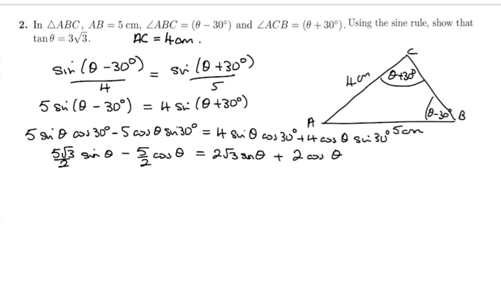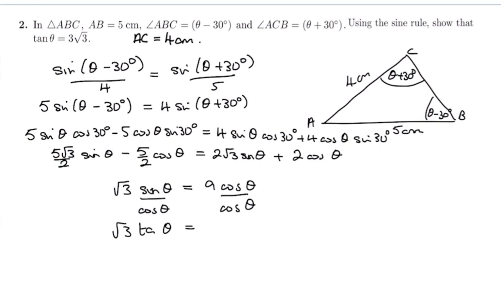If you rearrange that, you end up with root 3 sine theta equals 9 cos theta. If you then divide both sides by cos theta, you get that root 3 tan theta equals 9.